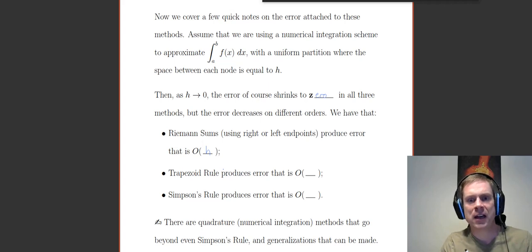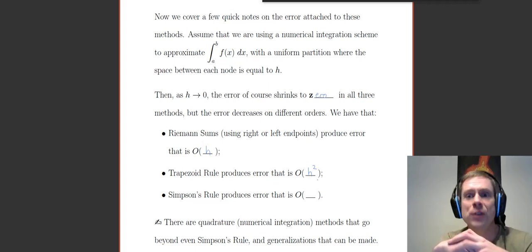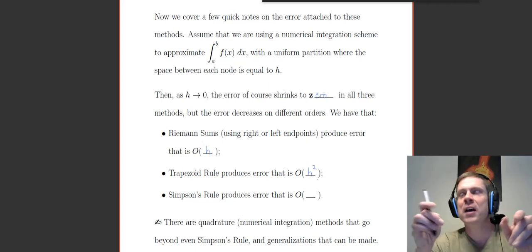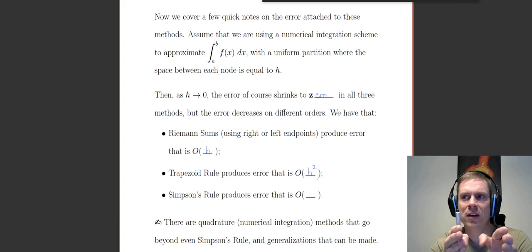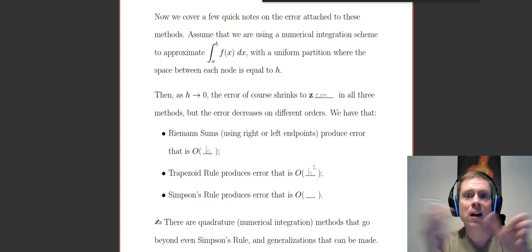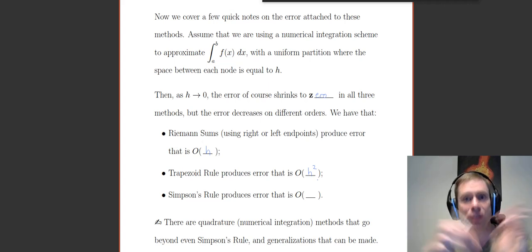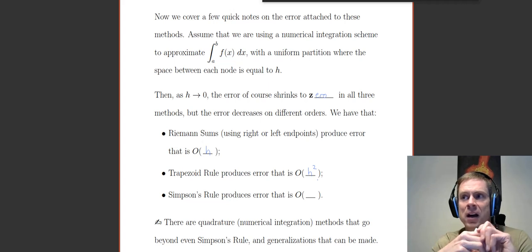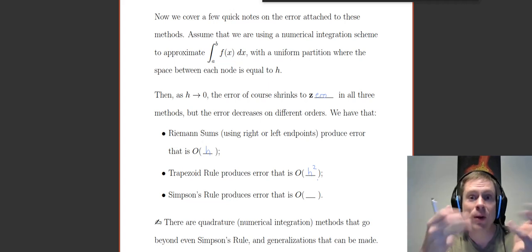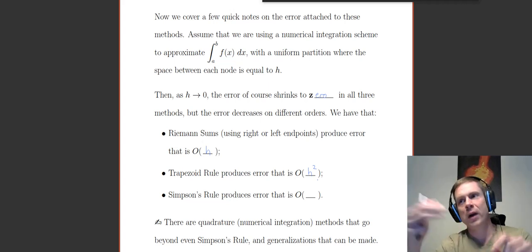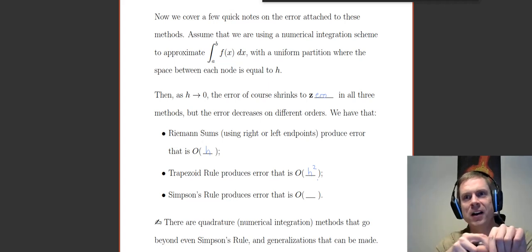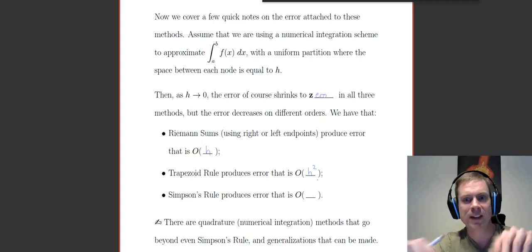And the trapezoid rule, on the other hand, produces error that is on the order of h squared. So it reduces quadratically. That is, if you halved the step size, then the error is likely to decrease by a quarter, or by 3/4 rather. So 1/2 is going to be associated with an error that decreases more quickly than linearly.